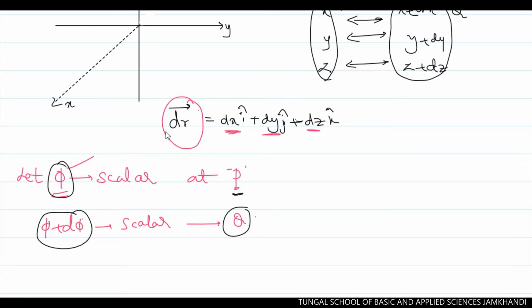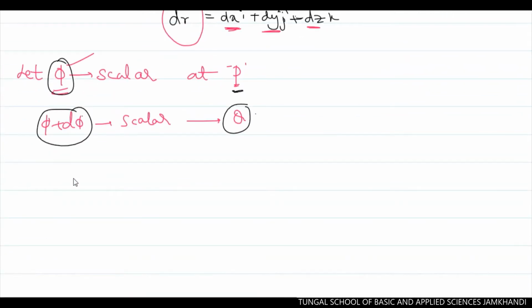Because as there is a change in position, as we already know, the scalar depends on position, right? The scalar function can be written as phi is a function of x, y, z. This represents its dependency on the position coordinates x, y and z.